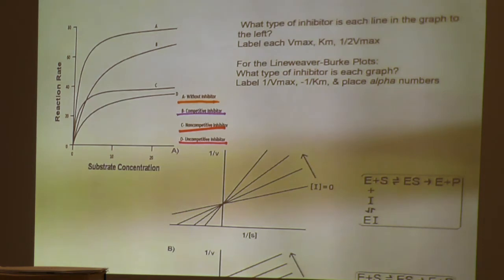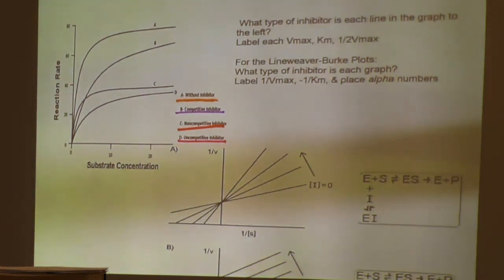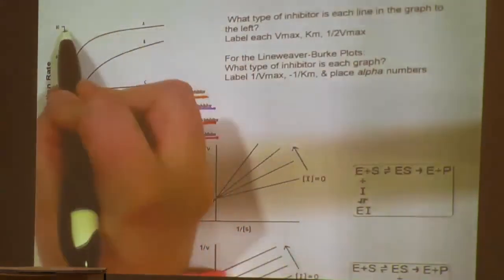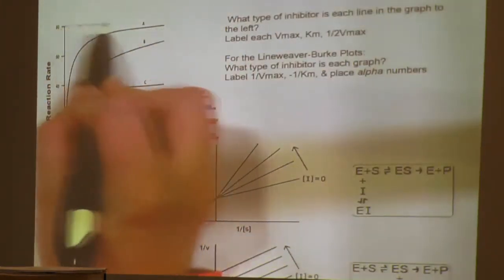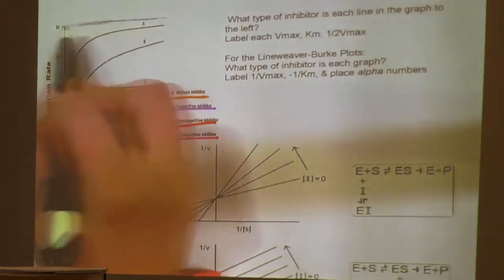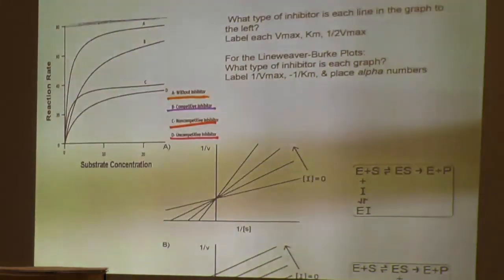So, without an inhibitor, where is Vmax? We'll just put it at 80, just because it looks like it's still going to go up a little bit more from where it is right now. And that makes our 1/2 Vmax a little bit easier for that one.